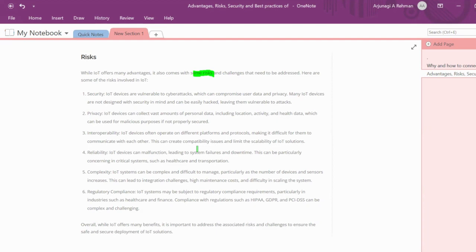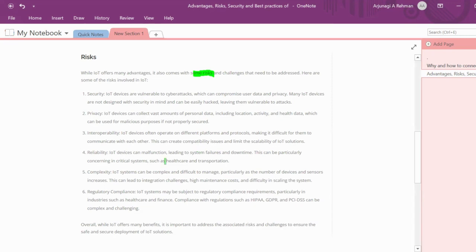Because there is no well defined standard structure, every maker makes IoT devices in their own way. So this can lead to reducing the interoperability.